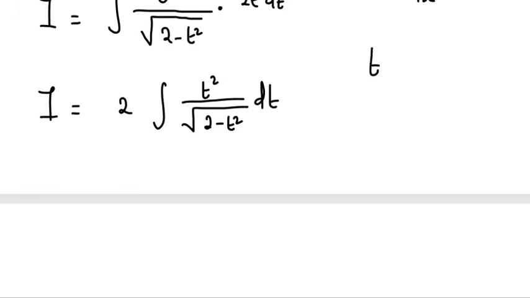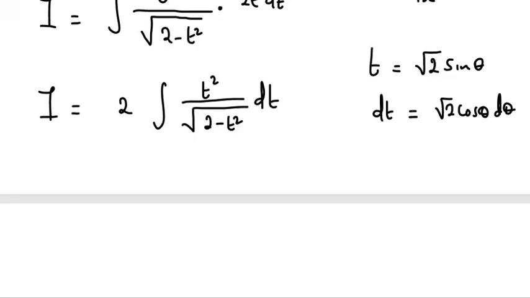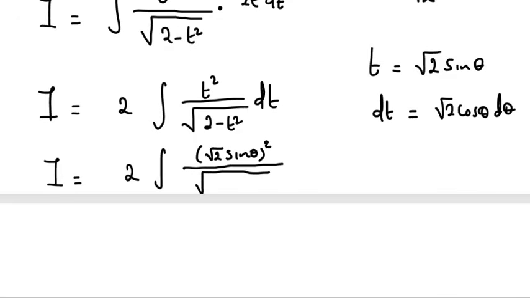So we're going to let t equal root 2 sine of theta. So here dt is equal to root 2 cosine of theta d theta. Okay, so here I is going to be equal to 2 times the integral of t squared, which is (root 2 sine of theta) squared, divided by the square root of 2 minus t squared, which is 2 minus (root 2 sine of theta) squared.